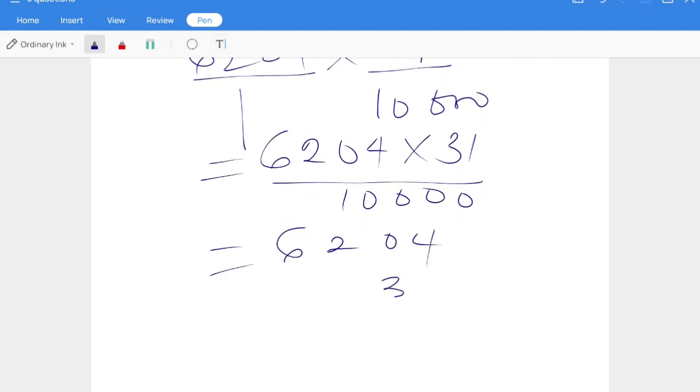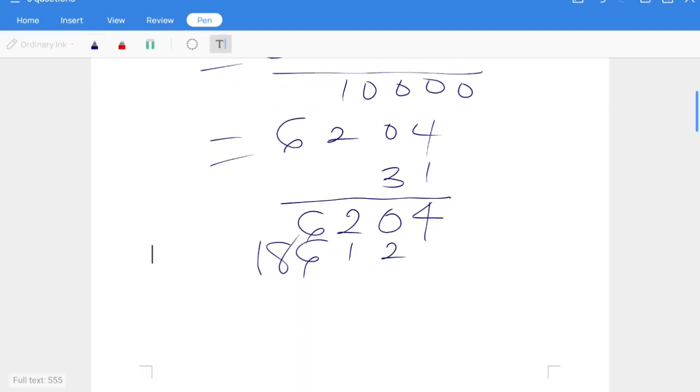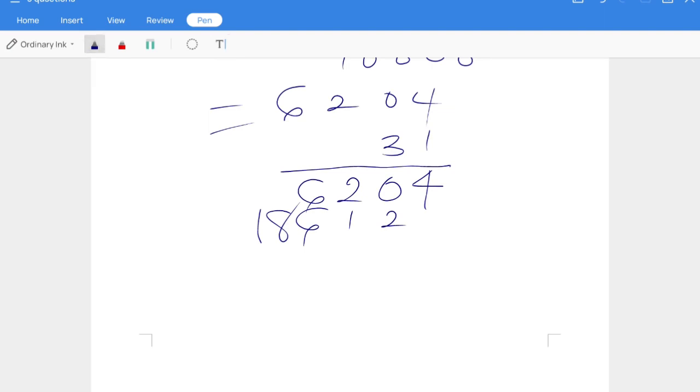So at this point, 6204 times 31. That will be 1 times 4, 4, 1 times 0, 0, 1 times 2, 2, 1 times 6, 6, 3 times 4, 12, 3 times 0, 0 plus 1, 1, 3 times 2, 6, 3 times 6, 18. If you add together, we have 4, 2, 3, 2, keep 1, 9, 1.